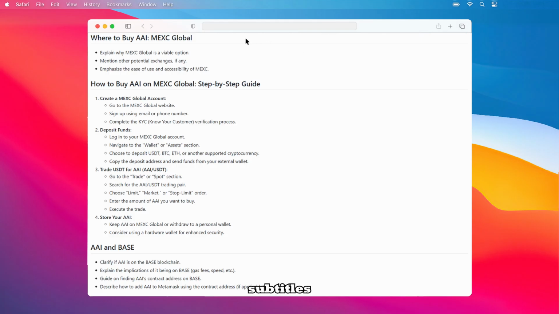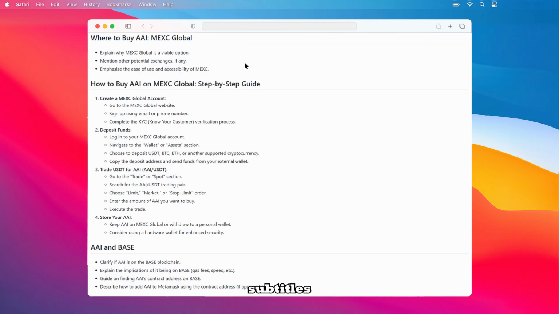Let's break down the step-by-step process of buying AI on MEXC Global. First, you'll need to create an account by going to the MEXC Global website and signing up using either your email address or phone number. Crucially, you'll need to complete the KYC, or Know Your Customer, verification process to comply with regulations.